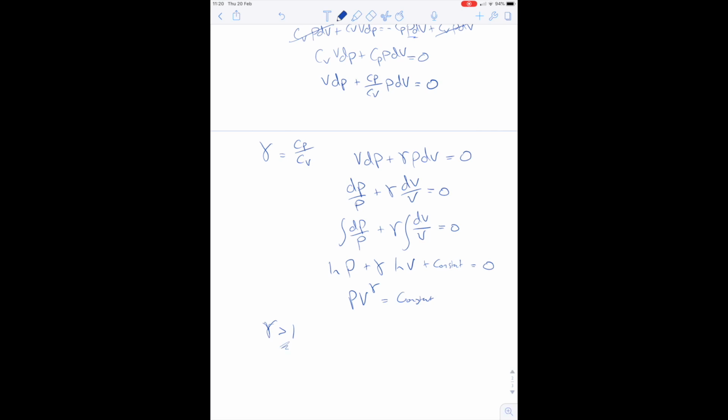We can use this term for our adiabatic expansions, but we can also say that because we know PV equals RT, TV to the gamma minus 1 must also be a constant, and we can also say that pressure to the 1 minus gamma times T to the gamma is also a constant.